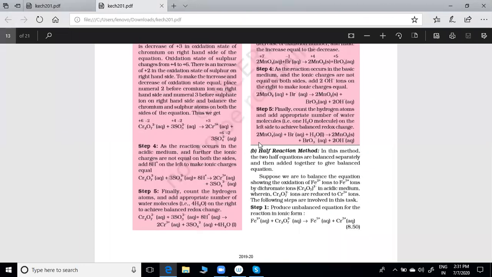So we're going to discuss balancing equations with a solved example. After that you can see unsolved examples.